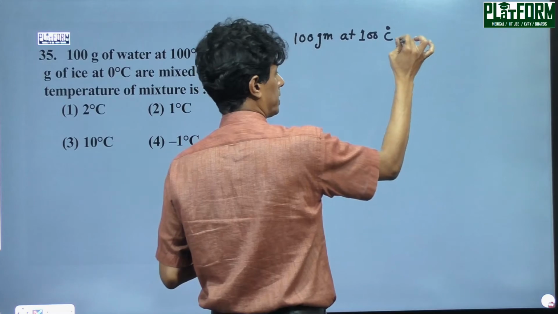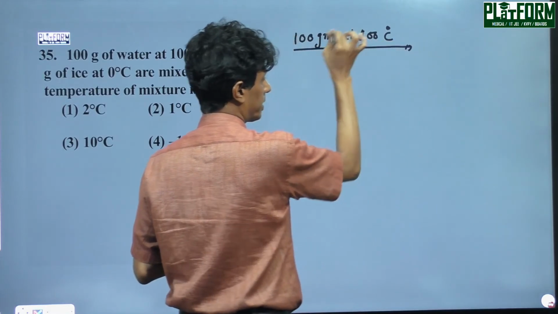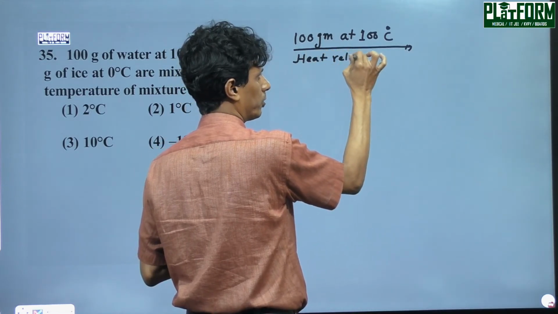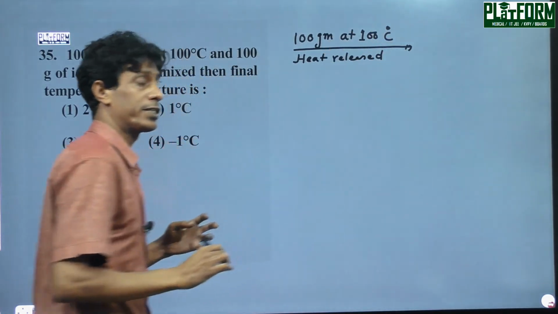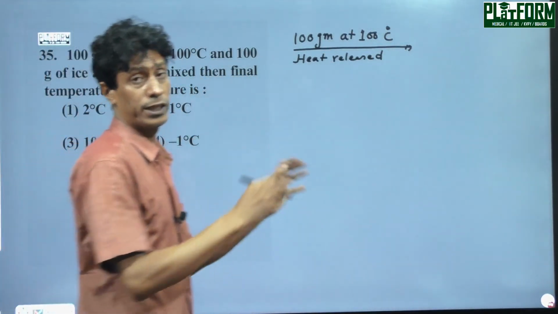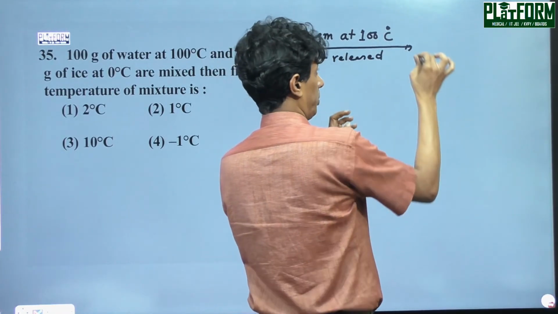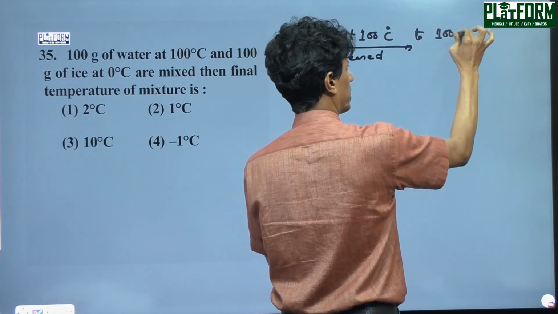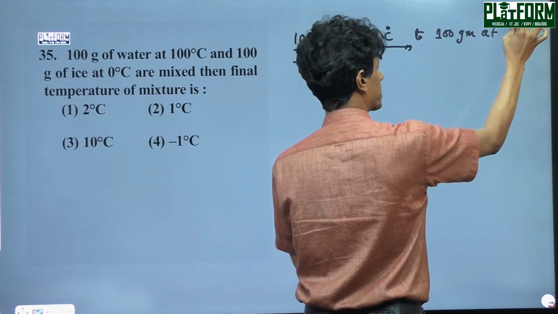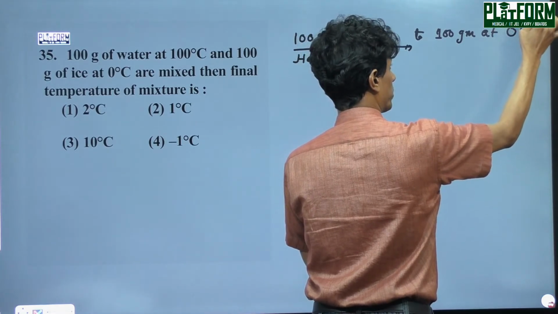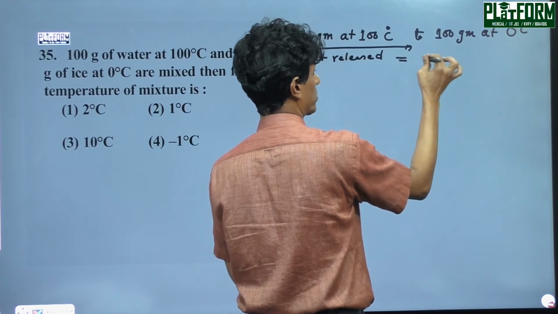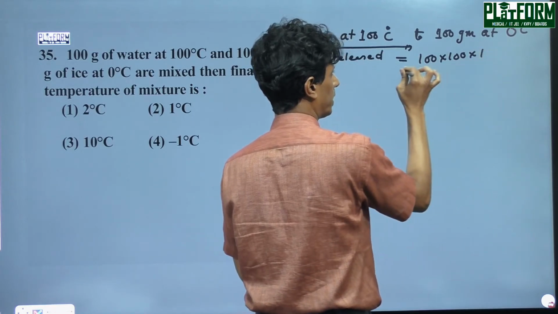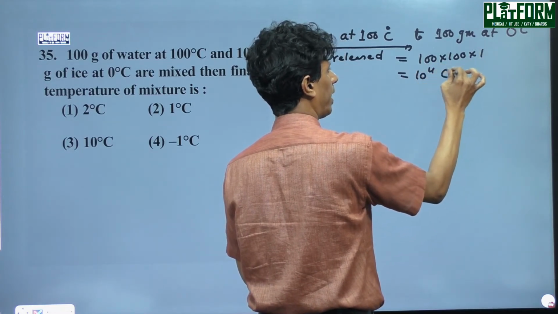If the total heat is released by this 100 gram water at 100 degrees centigrade and it converts into 100 gram water at 0 degrees centigrade, then the heat released in this process is equal to 100 into 100 into 1, that is 10 to the power 4 cal.